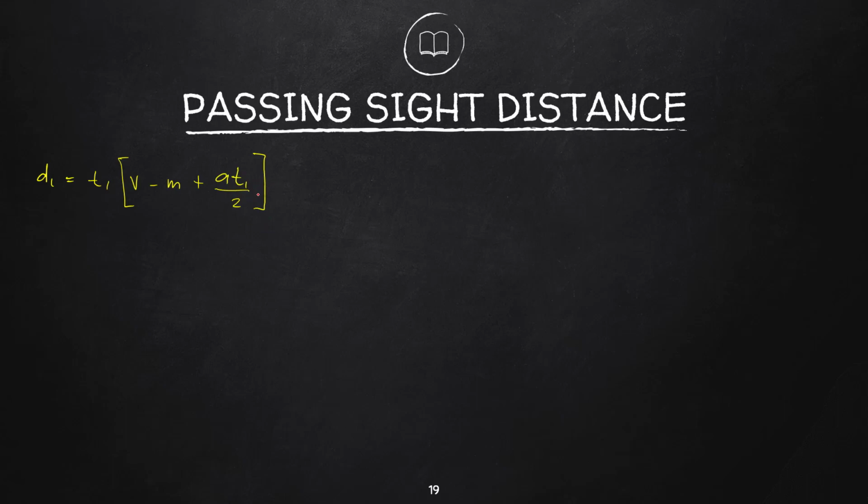So this will be 4.3 multiplied by 26.667 minus 2.223 plus 0.658 times 4.3 divided by 2.